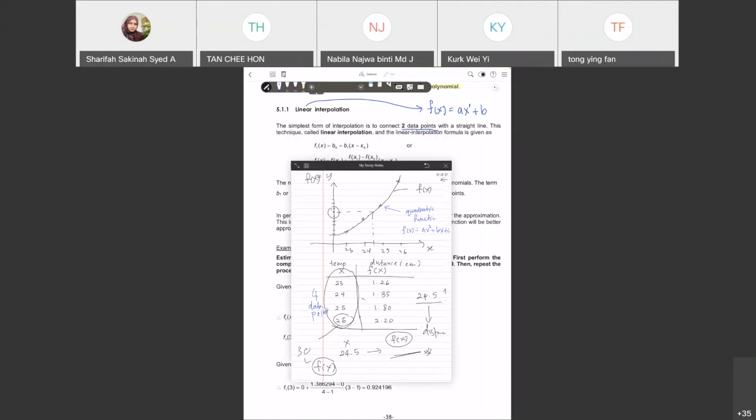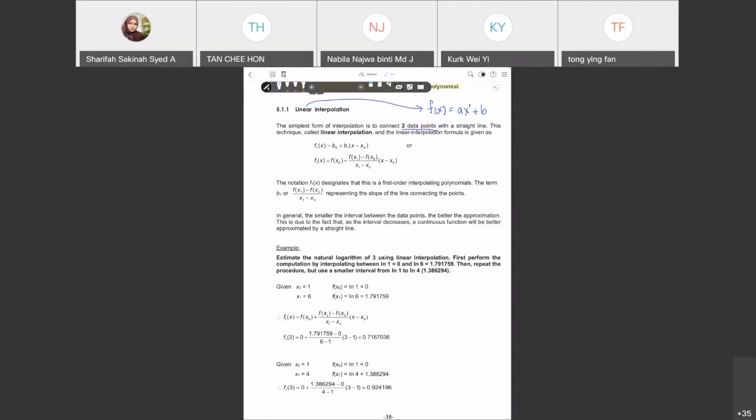No need to use all of the data points, because we want linear interpolation. Linear is a straight line. So this method we call linear interpolation.